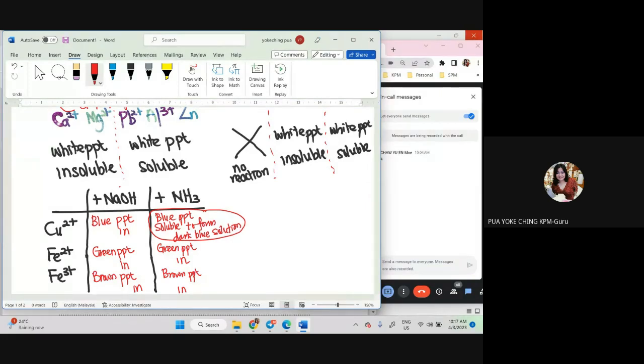And then you ada beberapa confirmatory test. Ada beberapa ion yang ada test yang special. Contoh, yang pertama, this one, ammonium ion. Yang kita sentiasa lupa, you use Nessler's reagent.